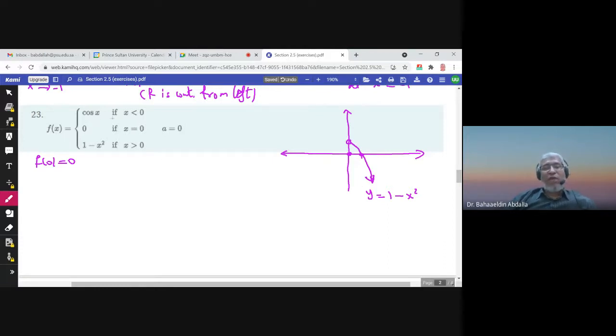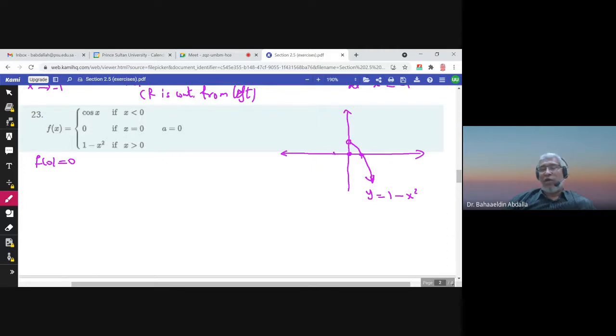Now cosine x, if x is less than 0. Cosine 0 is 1, and it is open here because 0 also does not belong. And we can sketch the graph of cosine, at -π/2 because we have to graph it here.